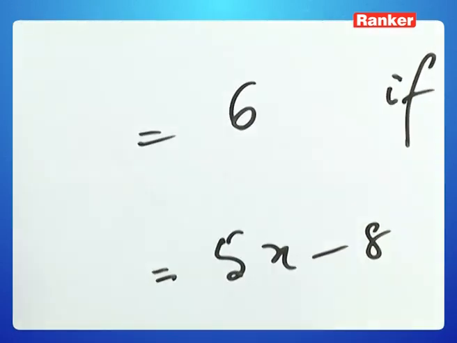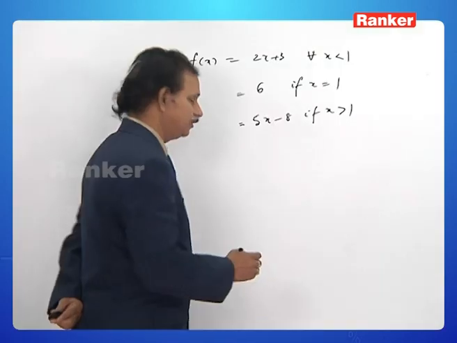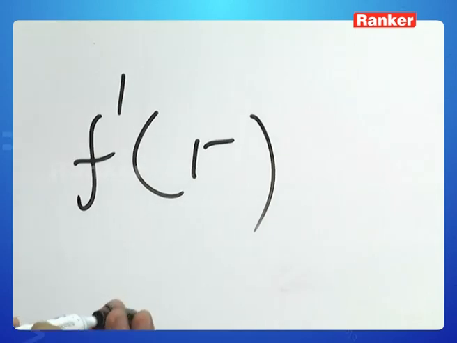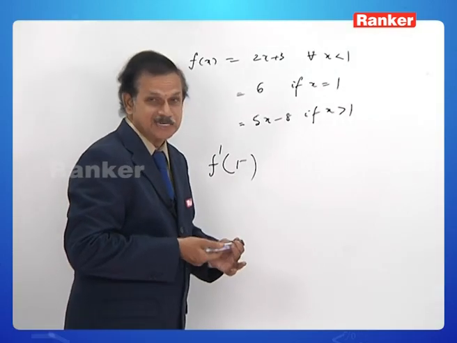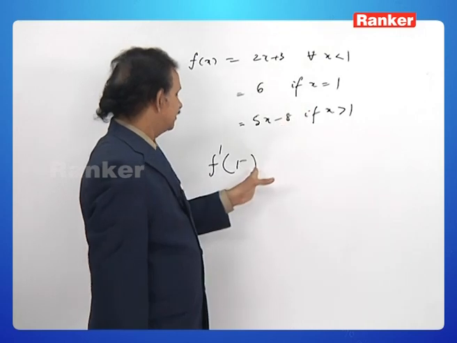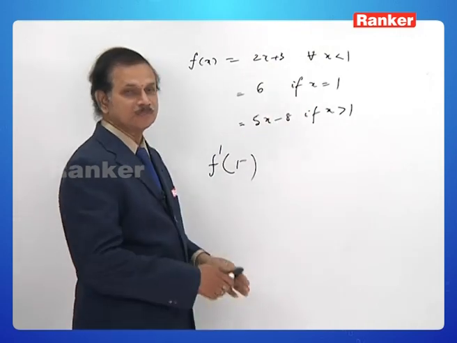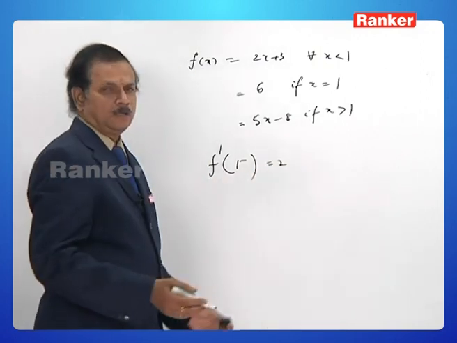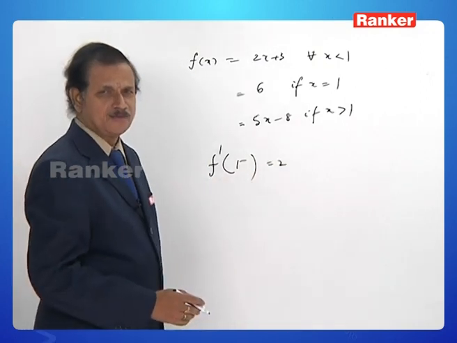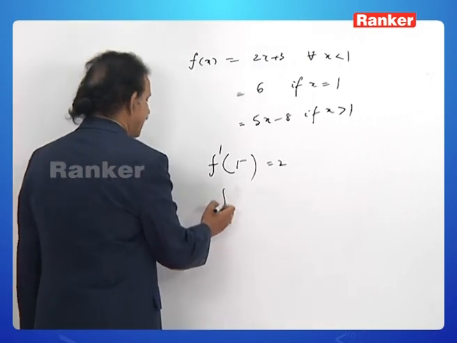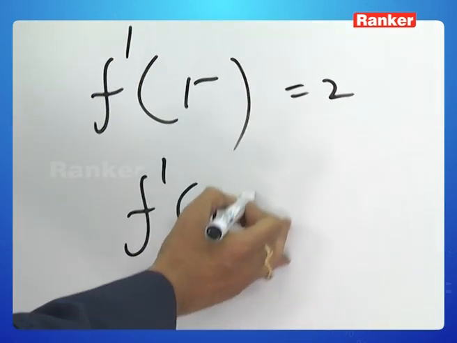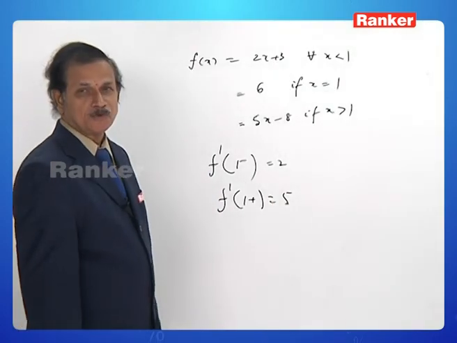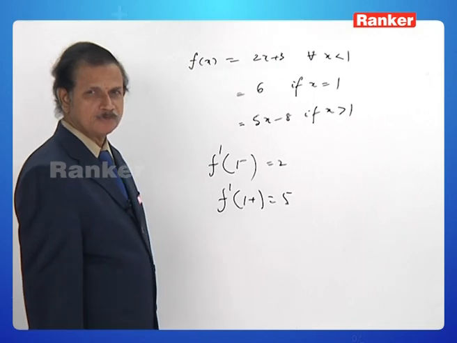Even if you are required to have f dashed 1 from left, that is the left hand derivative, it can also be said directly. From left, derivative of 2x plus 3 is 2. You can calculate, no doubt at all. And f dashed 1 from right, 5. Do you want the proof? It's not impossible. We can do it.